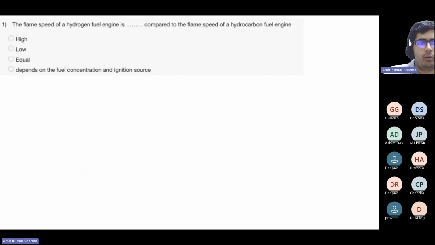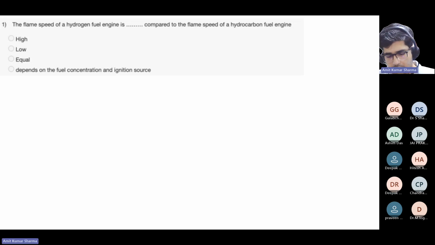The flame speed of a hydrogen fuel engine is blank compared to the flame speed of a hydrocarbon fuel engine. High, low, equal, depends on fuel concentration and ignition source. It is high. Okay. And what is the value of that?